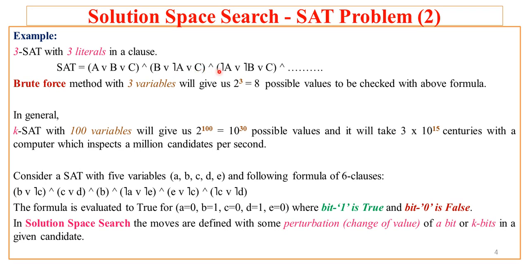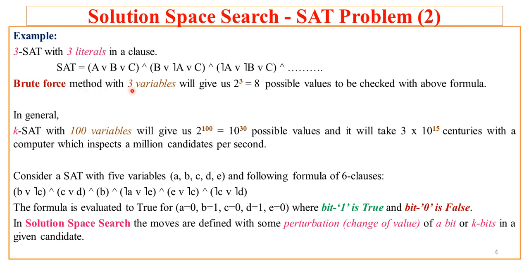The third clause also has 3 literals, negation of a or negation of b or c. This way we may have many clauses, but each clause will have only 3 literals. We may even have 4 variables a, b, c, d, but in a clause at a time only 3 literals can be used. That is the 3-SAT problem.